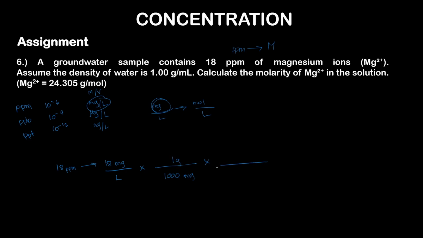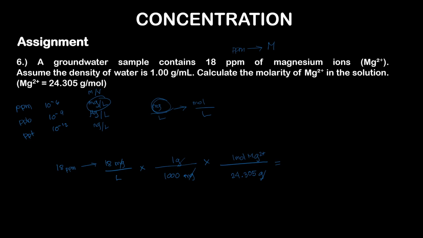Now we have grams. We can use the molar mass of the magnesium ion, 24.305 grams per 1 mole of Mg2+. Now we can cancel these. Now we got moles per liter, molarity.